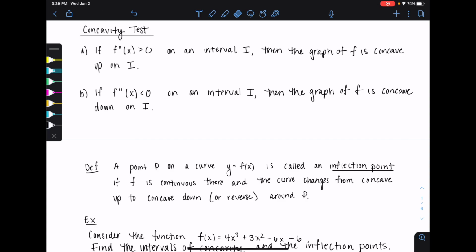So before you found your critical numbers and those could be classified as local maxes or mins. For inflection points, you're still going to find where the second derivative is 0 or undefined potentially, but you need to make sure it changes concavity around it. If it doesn't, it's not going to be an inflection point. It's still important to go through that testing, but it's just not called an inflection point.